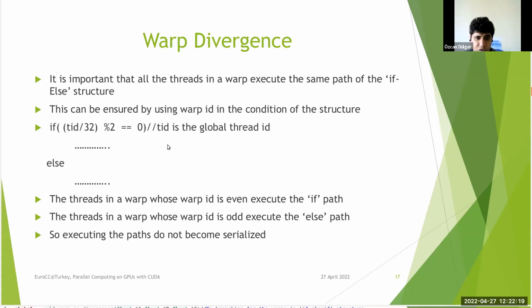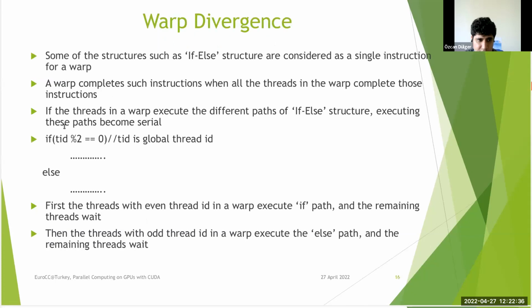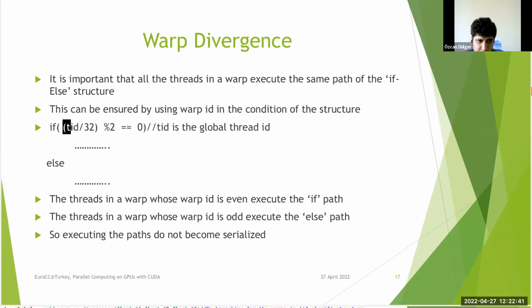Instead of using global thread ID, using warp ID helps us overcome this problem. When we divide the global thread ID by 32, we get the warp ID of the corresponding warp.